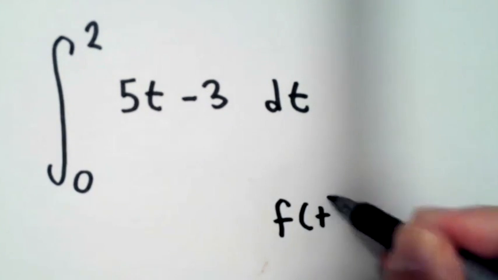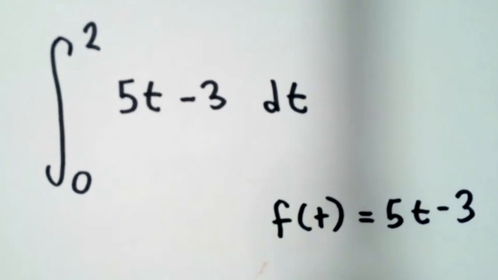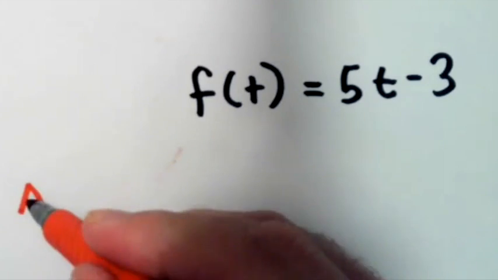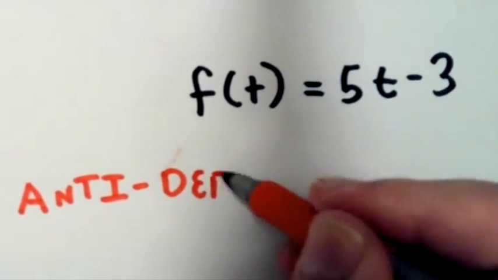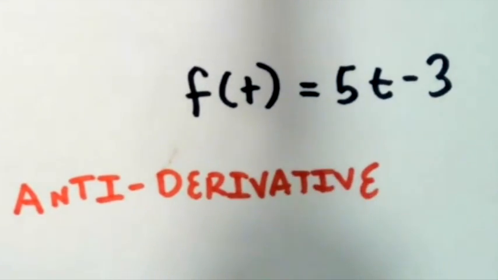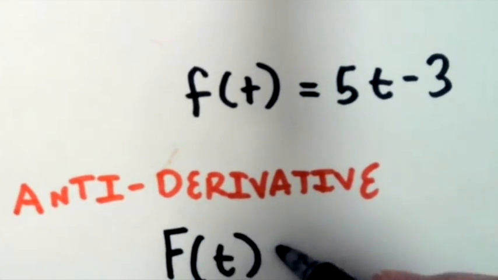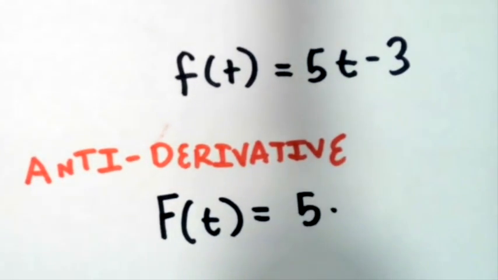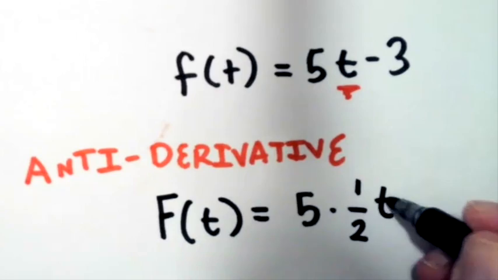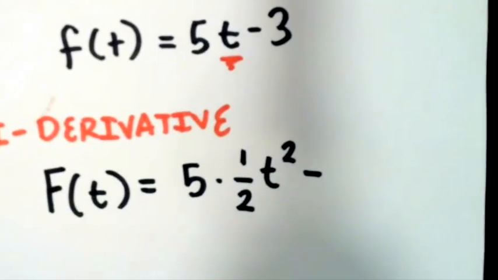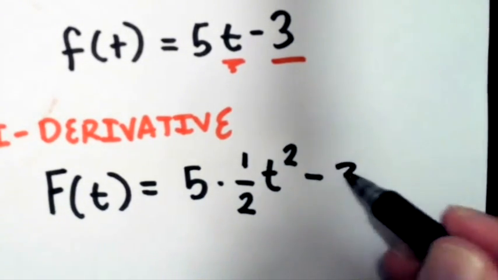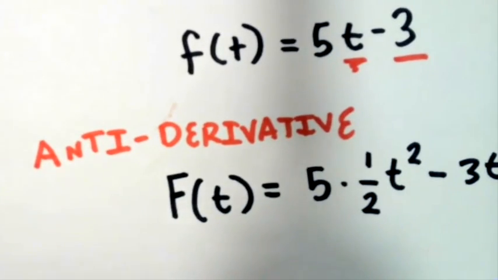First, we look at the integrand little f of t, which is equal to 5t minus 3. To evaluate this definite integral, we need to find an antiderivative for this function. We often call this antiderivative big F of t. In this instance, we look for an antiderivative of 5t, which is 5 times 1/2 t squared by the power rule for antiderivatives, and an antiderivative of 3, for which we can use 3t.